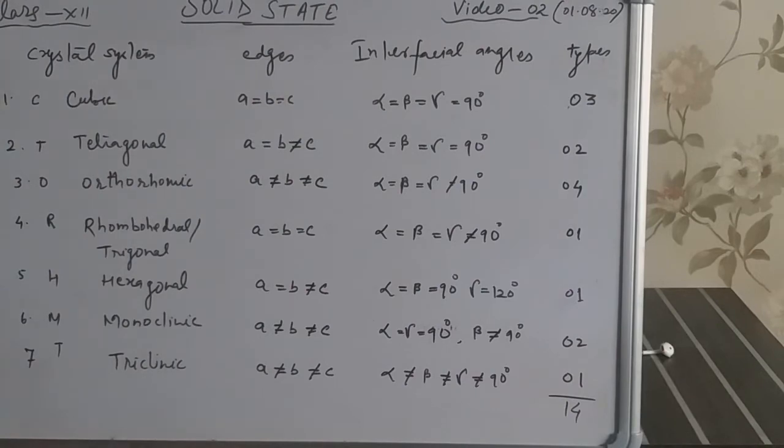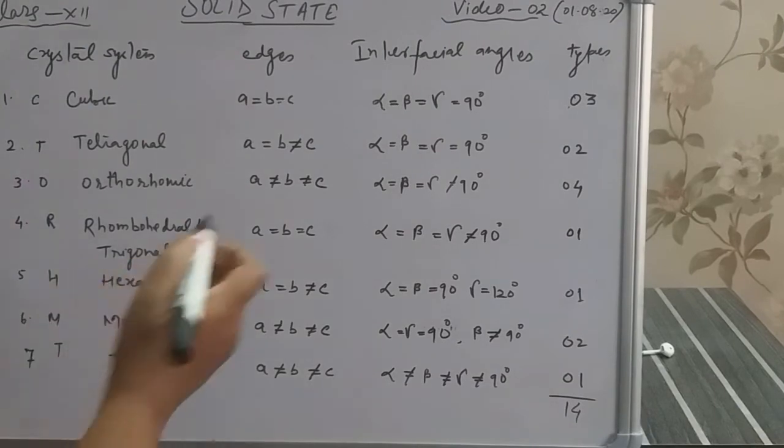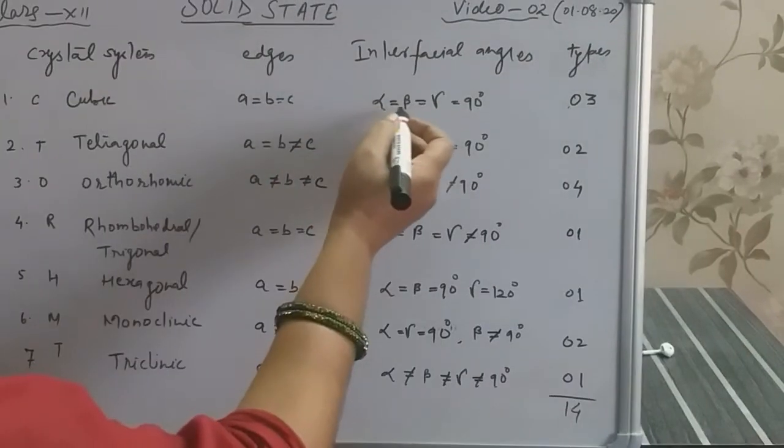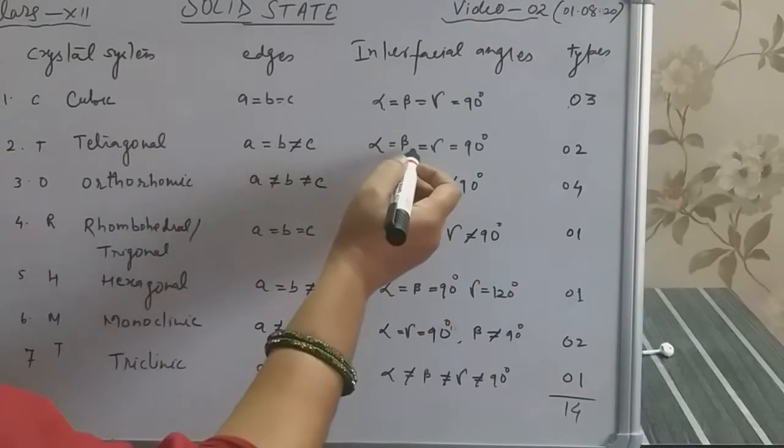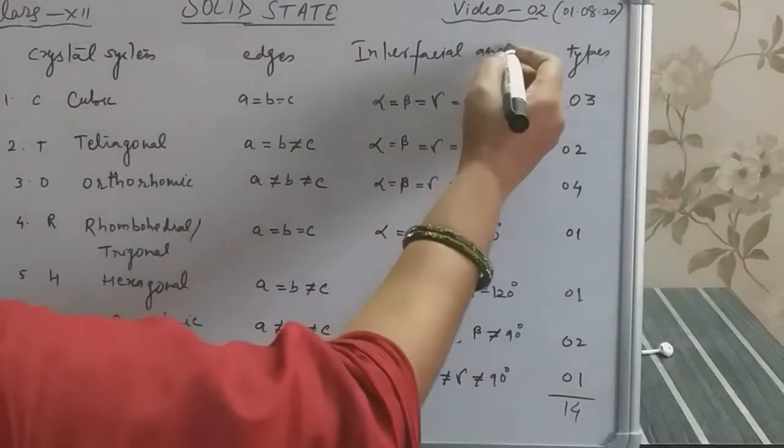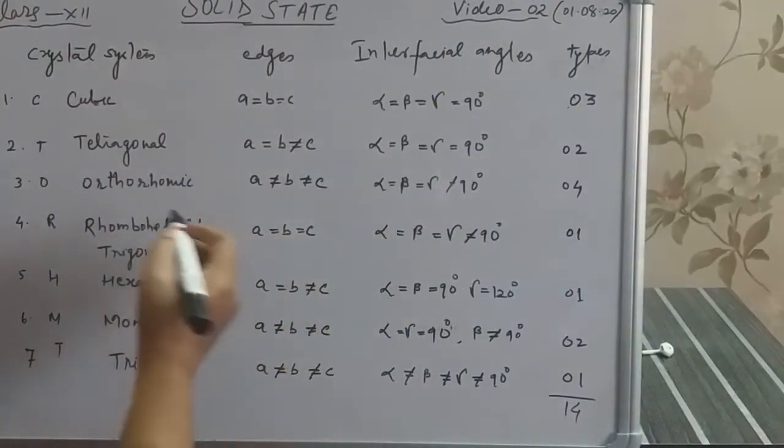So students, cubic has alpha equals beta equals gamma equals 90 degrees. Tetragonal also has interfacial angles equal to 90 degrees.